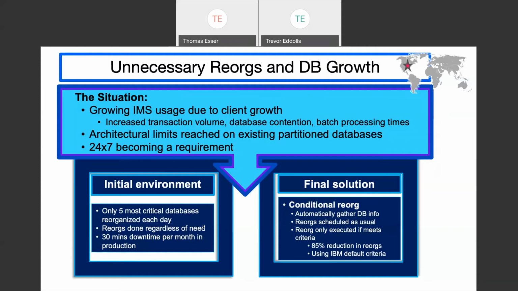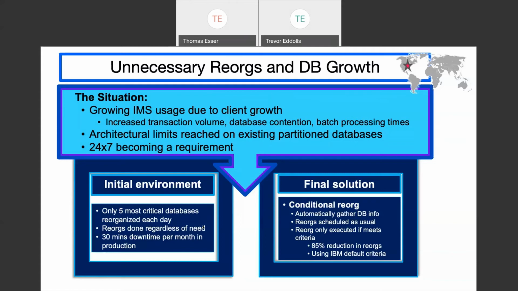The final solution for this customer was to implement conditional reorg. And this procedure, which the customer is using today, is based on automatically gathering database information. Then the reorganizations are getting scheduled as usual, but only if a reorg is needed. And the reorg only executing if it meets criteria gave the customer a reduction of reorgs of 85%.